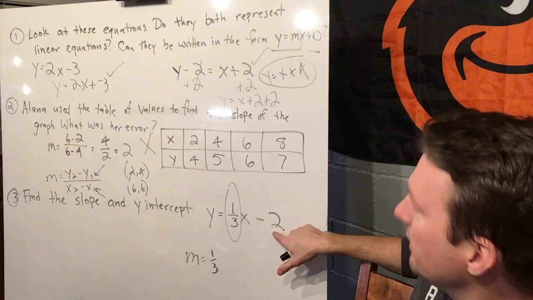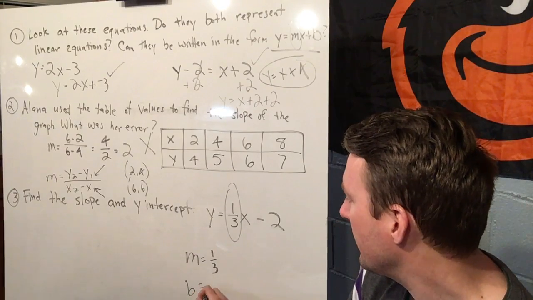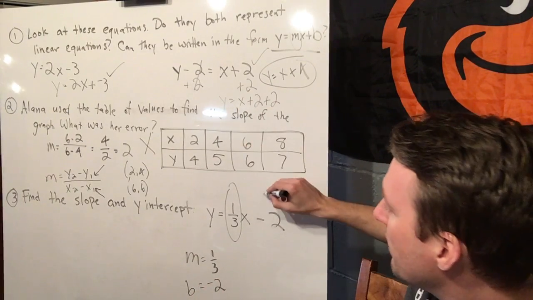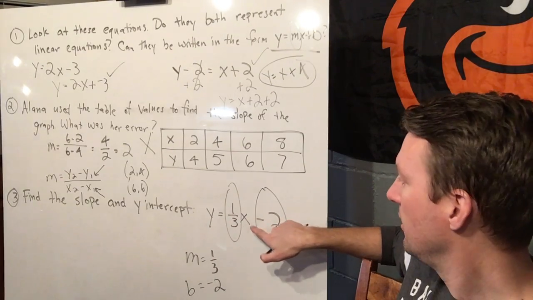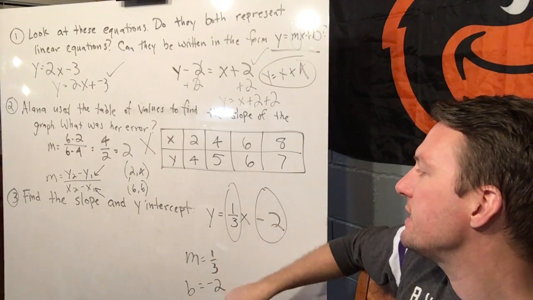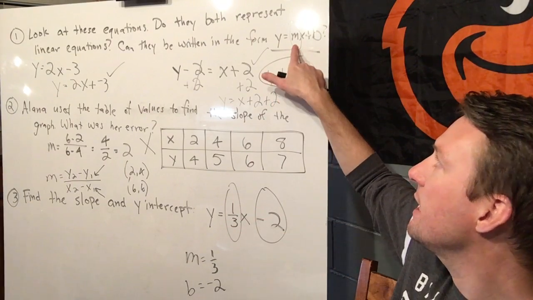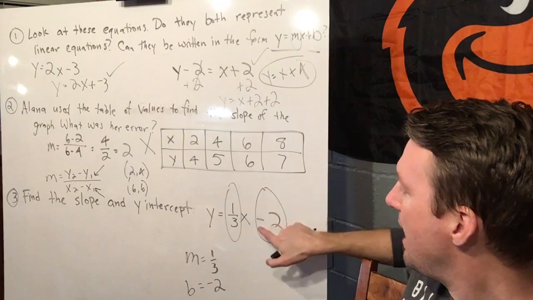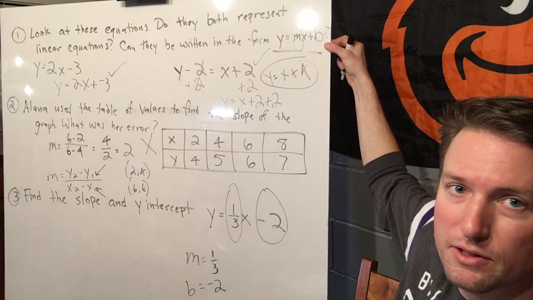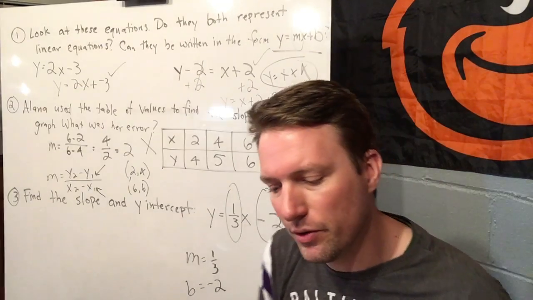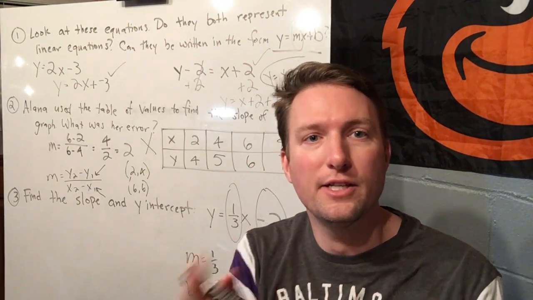So in this equation, the b, or the initial value, would be -2. So it's important that when we look at these equations, such as y equals 1/3 x minus 2, that we're able to identify what the different parts of the equation mean. The 1/3 would be the m part of our equation, and the -2 would be the b, or the y-intercept.